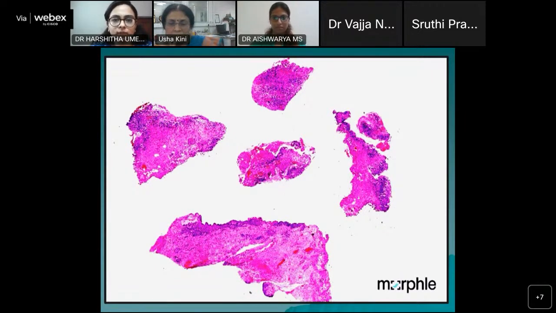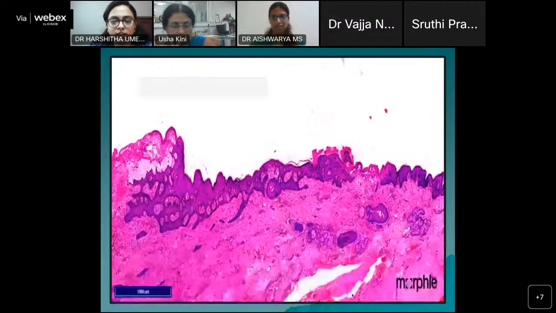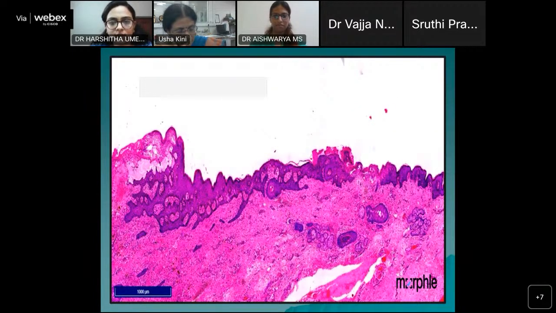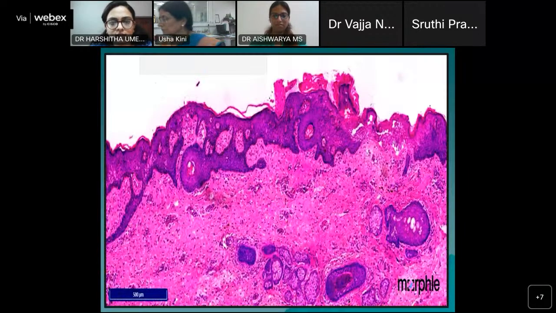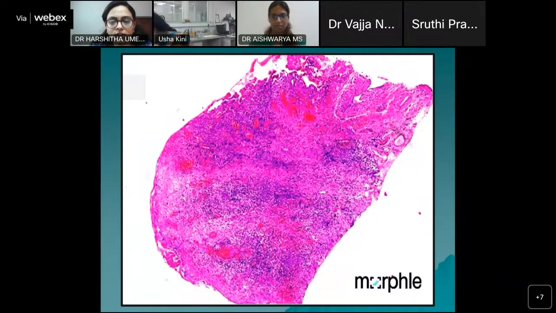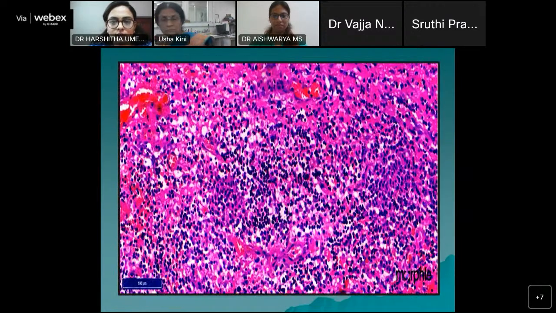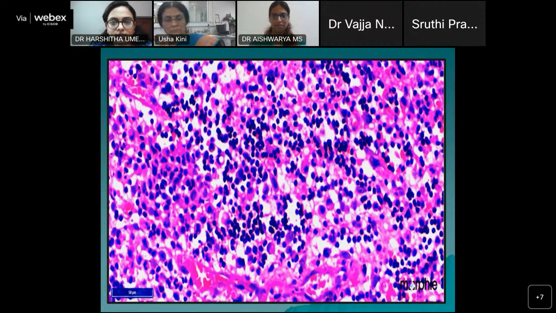One of the tissue bits showed a structure of skin lined by keratinizing stratified squamous epithelium, and a focus of this epithelium showed hyperplasia. Subepithelium showed chronic inflammatory cell infiltration by lymphocytes, plasma cells, and giant cells. This is a microphotograph showing lymphocytes, plasma cells and giant cells.